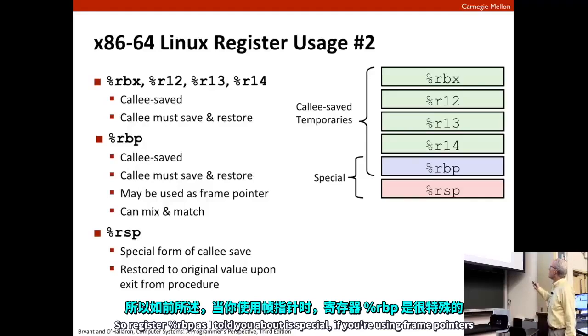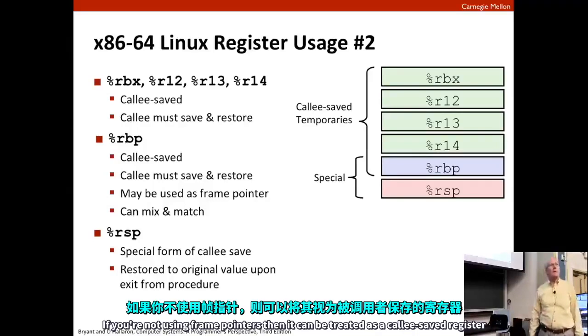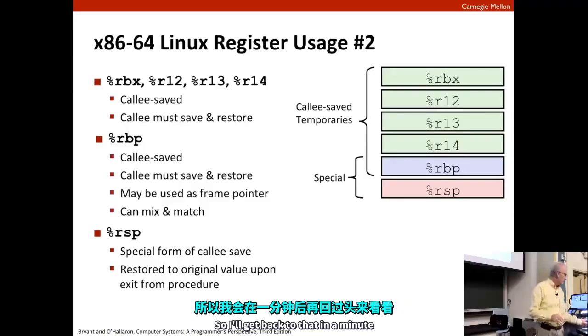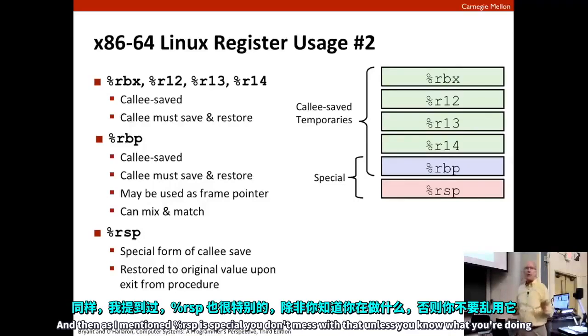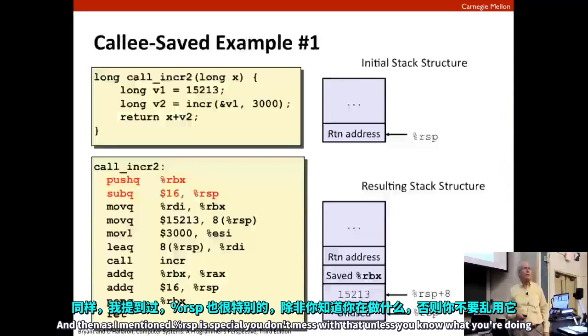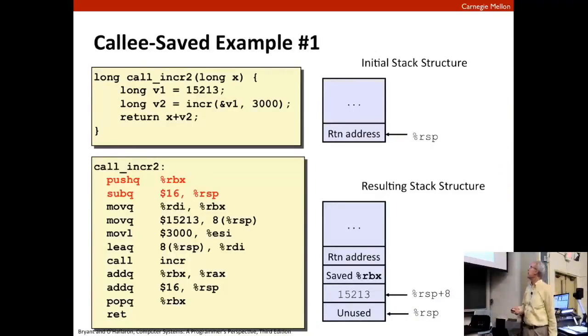So register RBP, as I told you about, is special if you're using frame pointers. If you're not using frame pointers, then it can be treated as a callee save register. I'll get back to that in a minute. The fact you can combine those two and it works fine is actually a little bit subtle. And then, as I mentioned, RSP is special. You don't mess with that unless you know what you're doing.